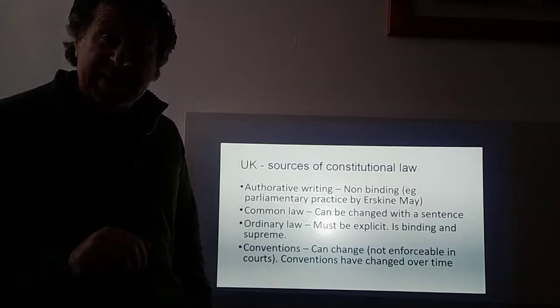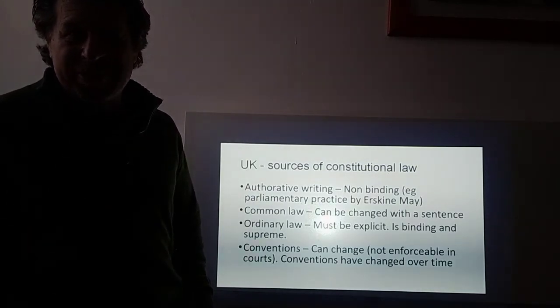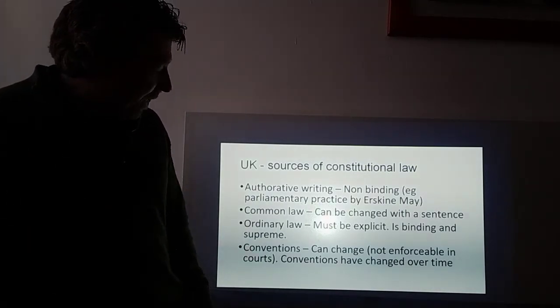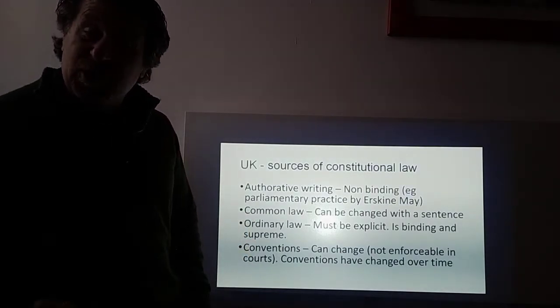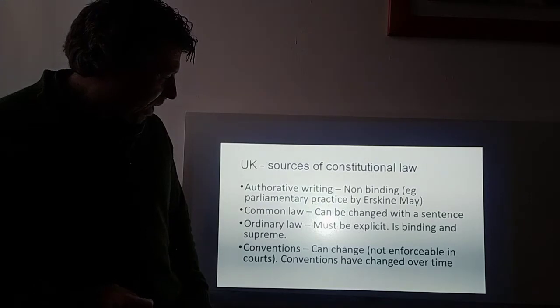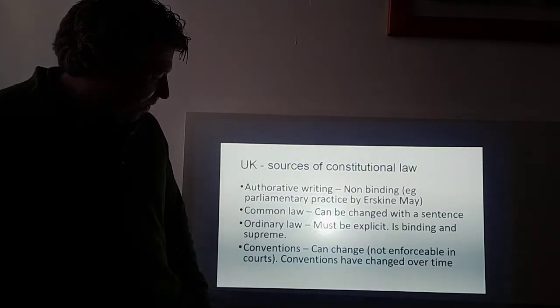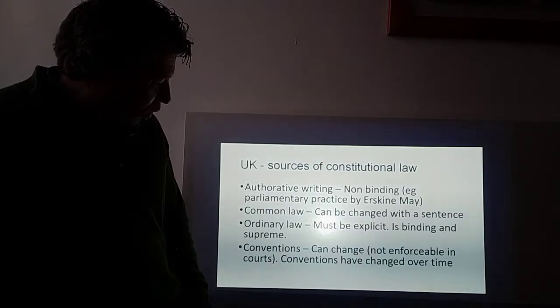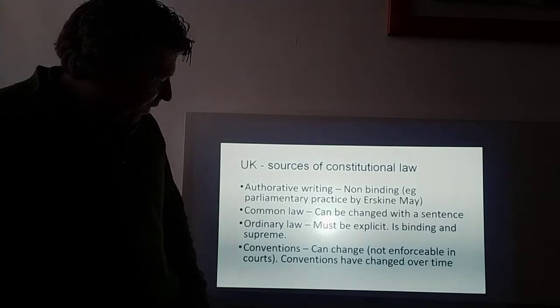The big problem with this is much of the Constitution isn't in the ordinary law. Much of the Constitution, in fact, is just conventions, just practice, just prassi, should we say. In Italian we call them prassi or consuetudini, repeated habits over time.